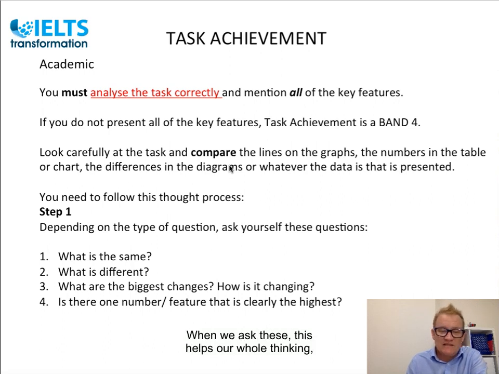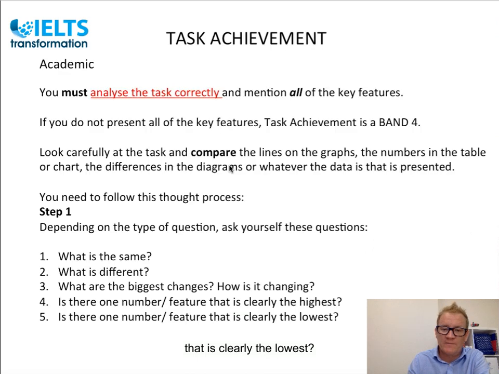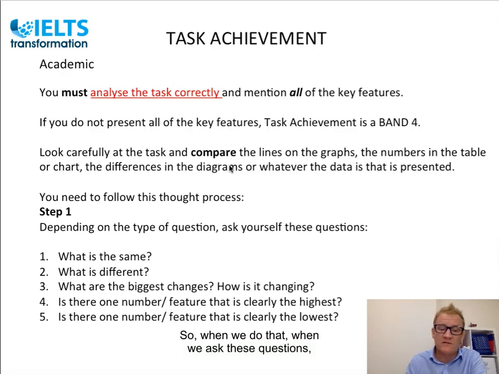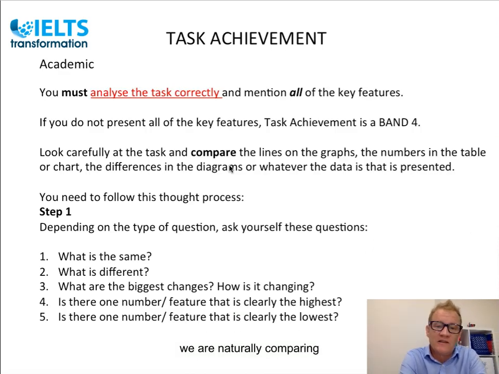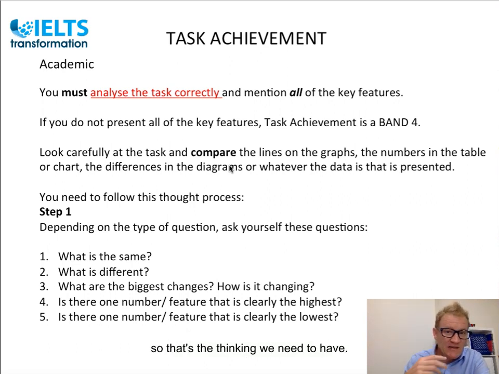When we ask these, this helps our whole thinking. And is there one number that's clearly the lowest? So when we ask these questions, we are naturally comparing, and we will find the most important features. Okay, so that's the thinking we need to have.